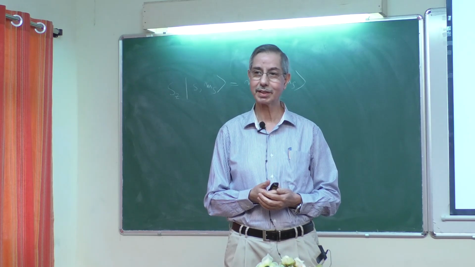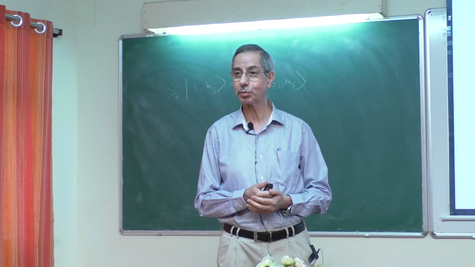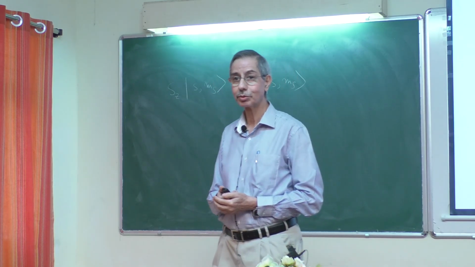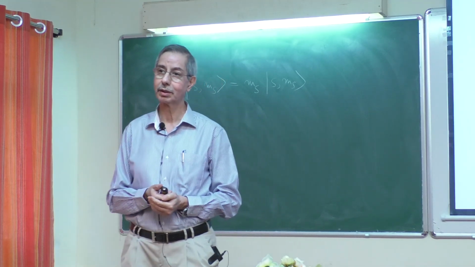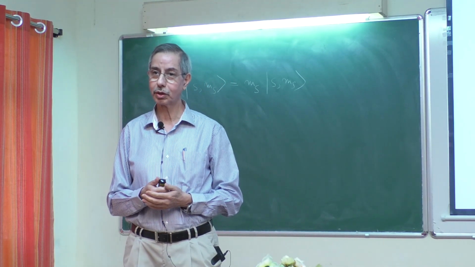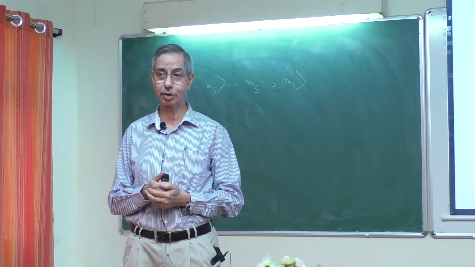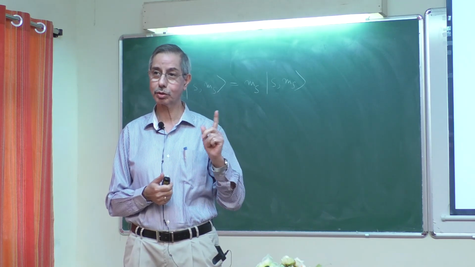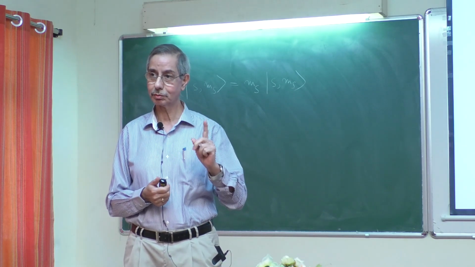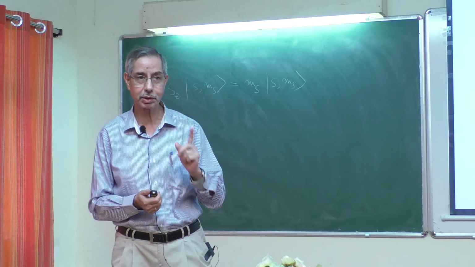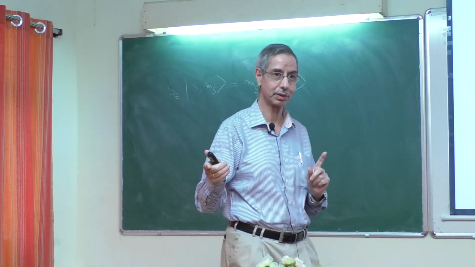Because what you saw is this is dictated by the indistinguishability of particles, or the total wave function has to be antisymmetric. We saw E1 corresponded to the wave function for which the spatial part was symmetric and the spin part was antisymmetric.